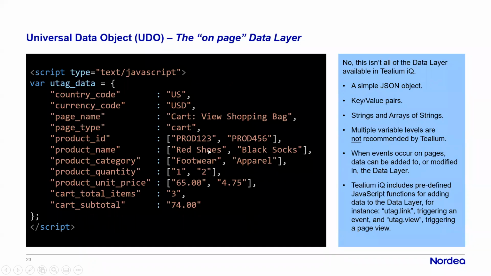Personally, I would have preferred to, for instance, like in Google Tag Manager, have that in an object itself for each product. Yeah, but that's kind of the deal.